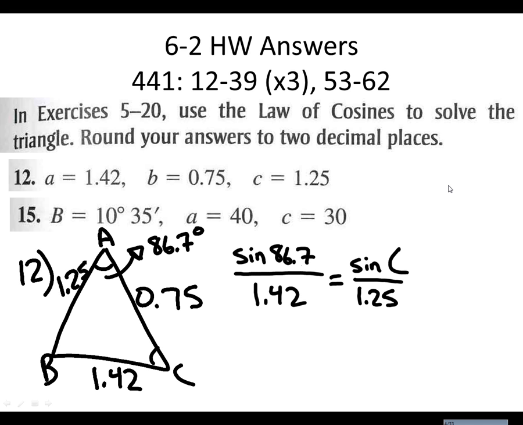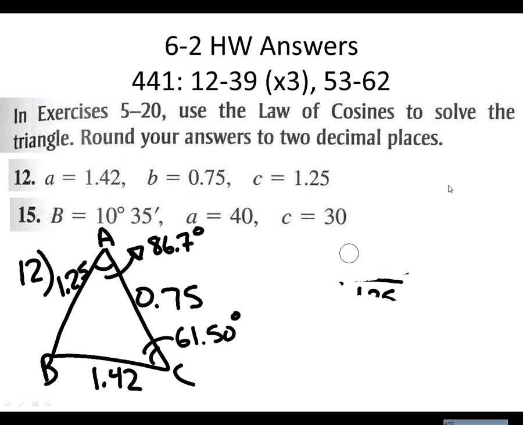Let me plug that into my calculator. Sine 86.7 divided by 1.42 times 1.25, and I get 0.8788 equals sine C. I'm going to use the inverse to get rid of the sine, and I end up with 61.50 degrees for C. Now that we have two angles, finding the third angle is a simple matter of subtracting from 180 degrees.